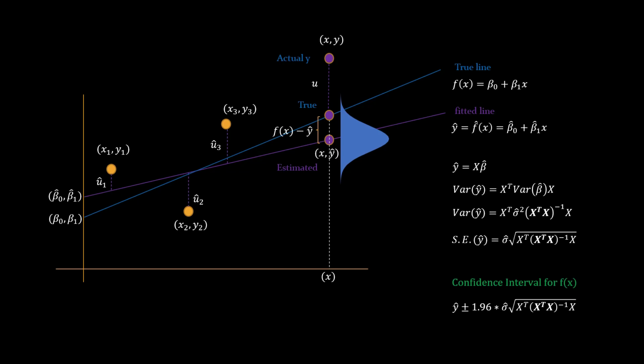We don't observe u, nor do we have any way of predicting u, and u will also be different for different test subjects with the same x. That's why u is called non-reducible error. Our prediction interval in which the actual y should lie will be even wider because it includes u.